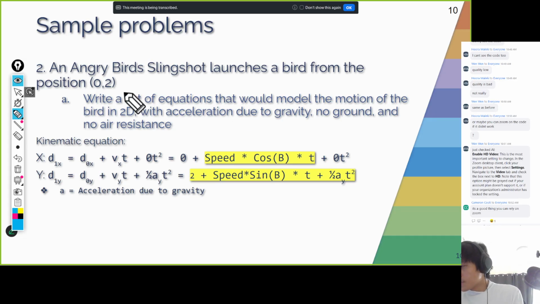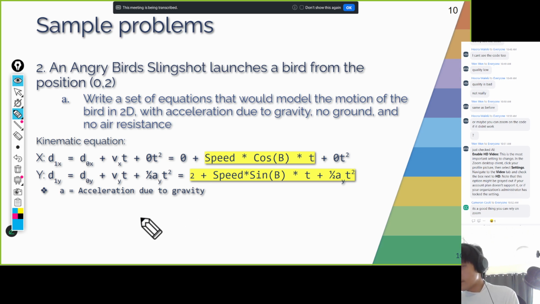Okay, so let's look at this. Here's our kinematic equation, right? We're going to split it into two parts, x and y. This is what we like to do in physics. We like to split things up into components.